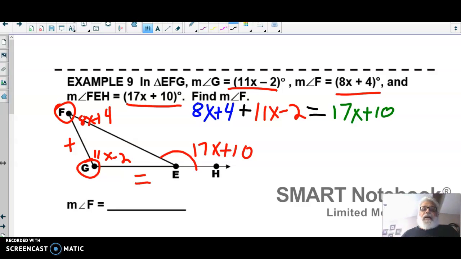So you're just going to use your algebra. I'm going to combine my like terms. So 8x and 11x, that is 19x. 4 minus 2 is 2.